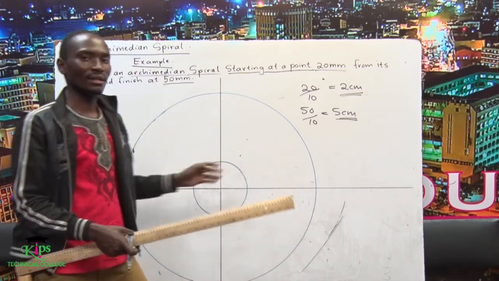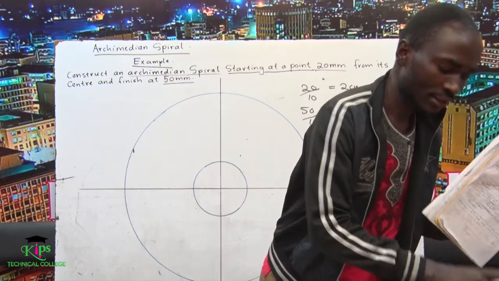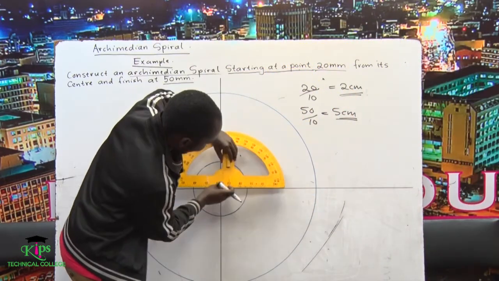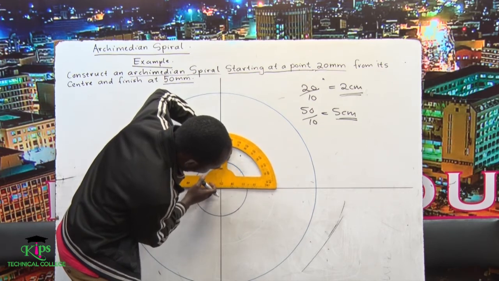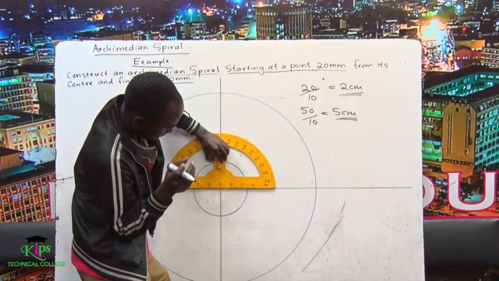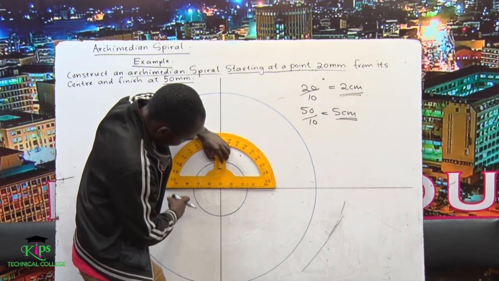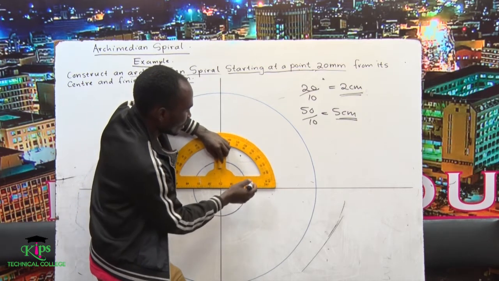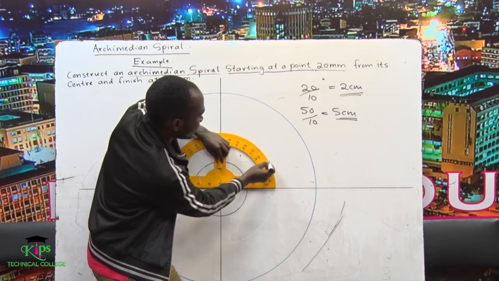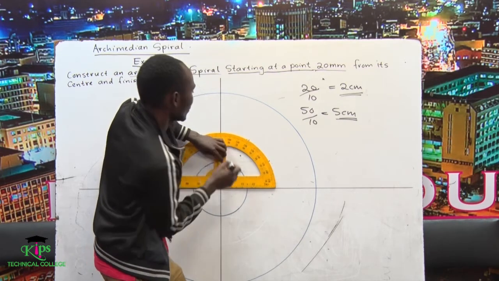each and every line. So with my pair of protractor, this one, I need to draw diagonals of 30 degrees. So measuring 30 degrees, this is 30. 30 plus 30 is 60. Then 60, 90.